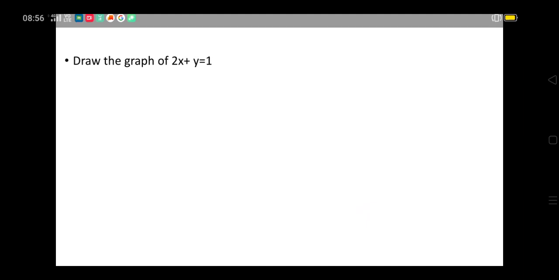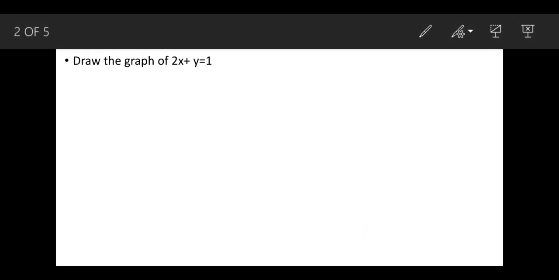Suppose we are given a question: draw the graph of 2x plus y is equal to 1. To solve this, we will make y the subject. y is equal to minus 2x plus 1.